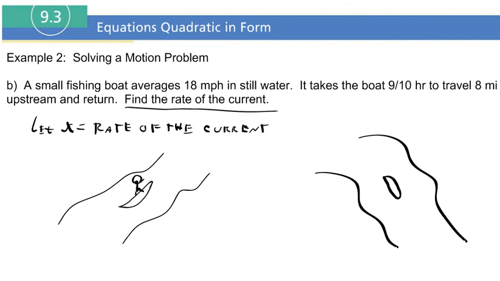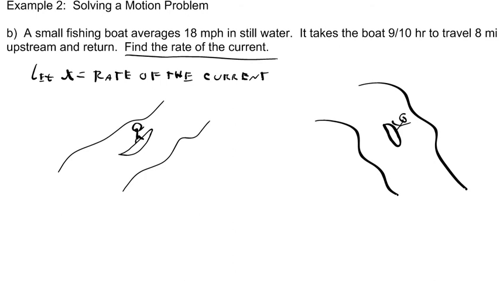So we have it going up, and we have it also going down. So this is going up, and this is going down. Using d equals r multiplied by t on both sides here.